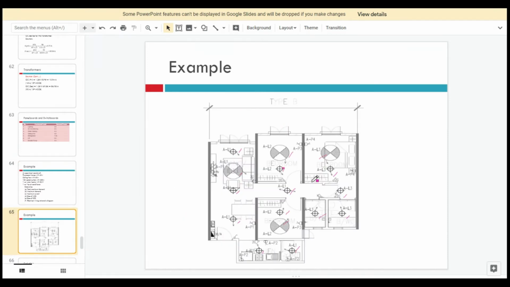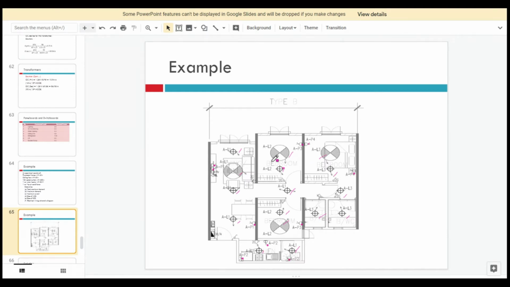Okay, how about the SSO? So you have to look here. 1, 2, 3, 4, 5, 6, 7, 8, 9, 10.